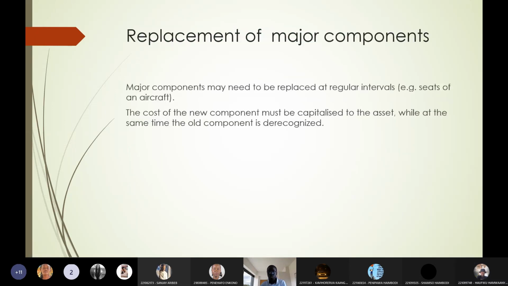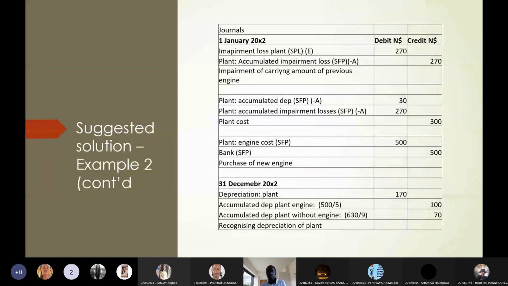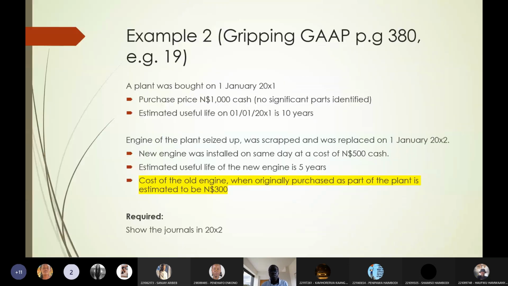I'll just go over what we were doing yesterday. We were dealing with this last example. I actually just changed the page number. If you looked at the previous page number, it said page 320. It should actually be page 380. So you're required to prepare the journals for 20X2.